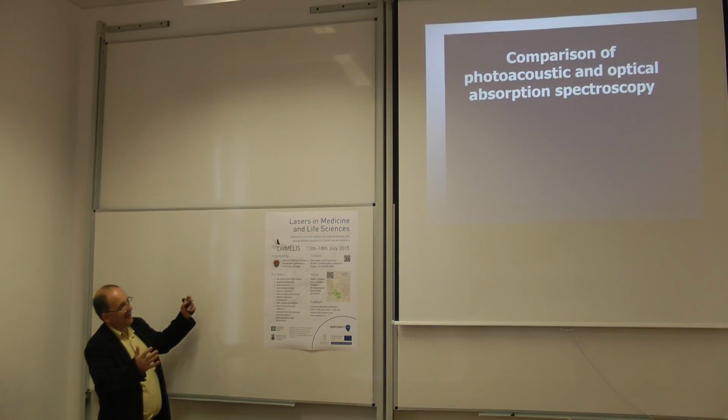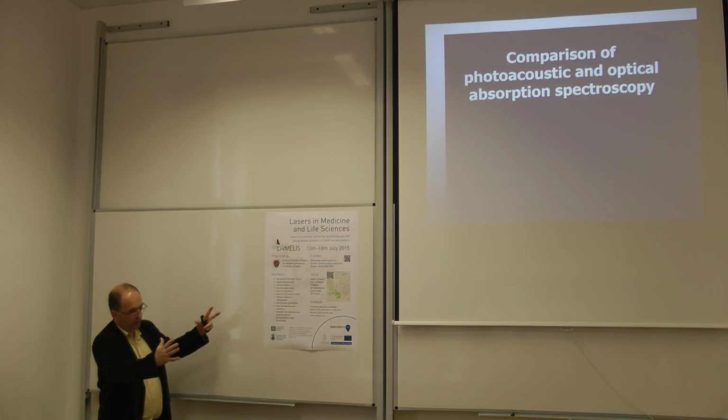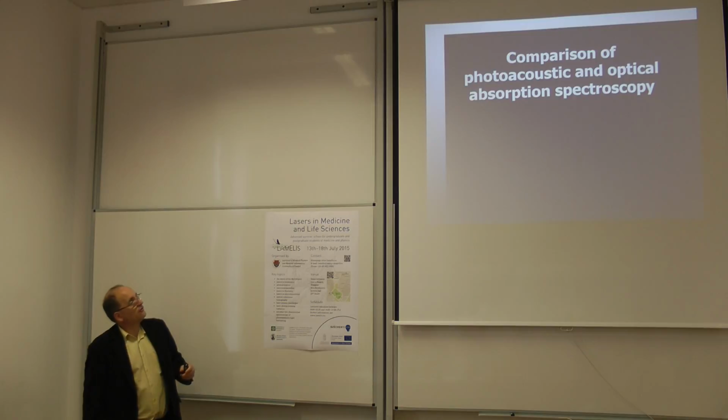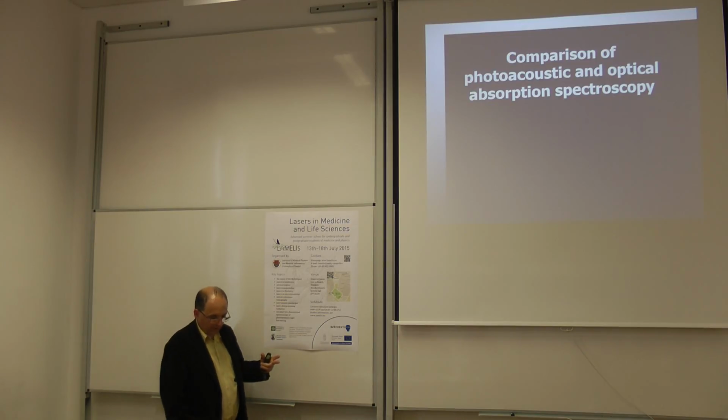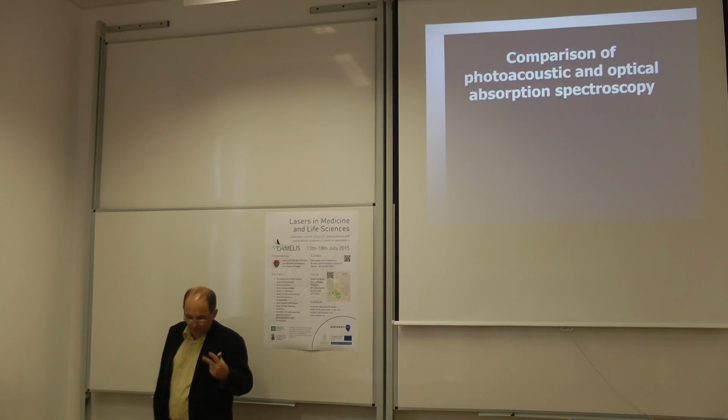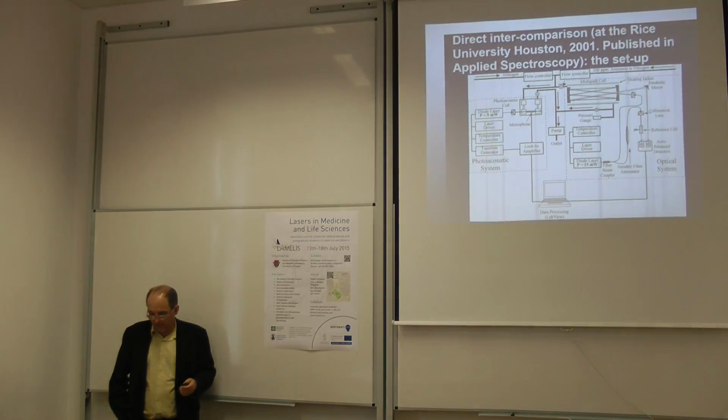When you have a light source, you put the sample in front of it and measure the attenuation of the light after the sample. It is based on the Beer-Lambert law.